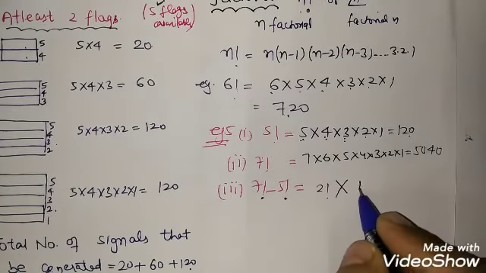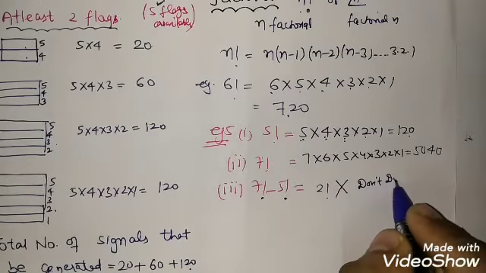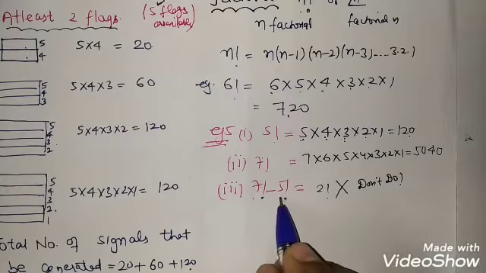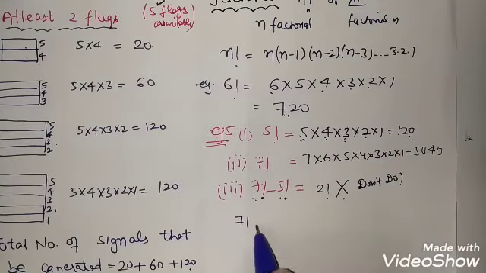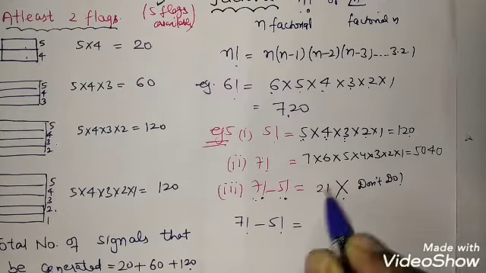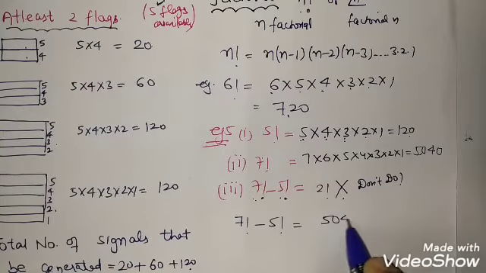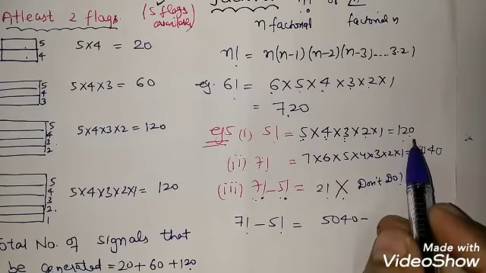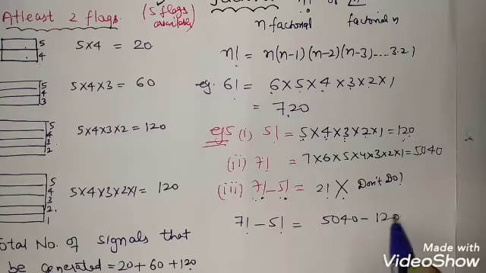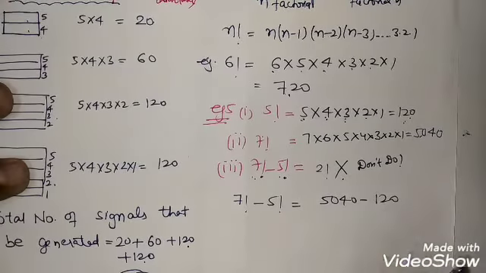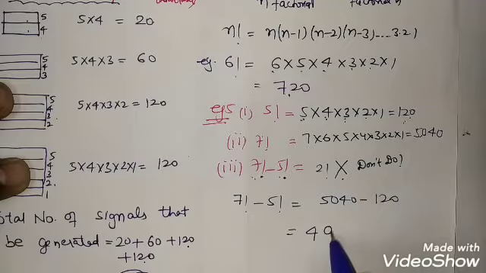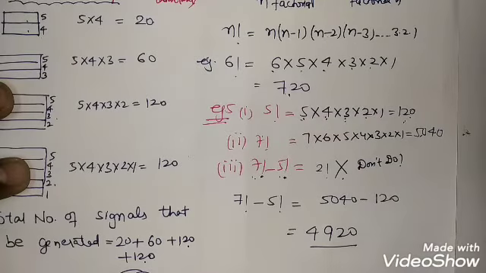Don't do this. 7 factorial minus 5 factorial is not 2 factorial. The value of 7 factorial is 5040 and the value of 5 factorial is 120. First of all, find these values and then subtract. On subtracting, we get 4920. This is our required answer.